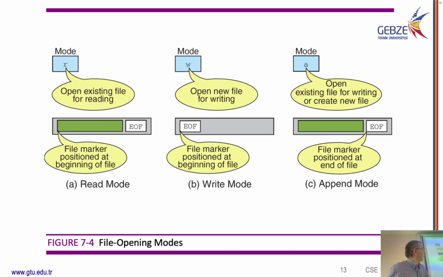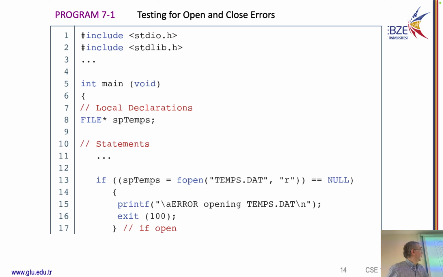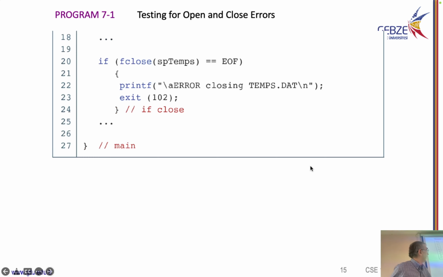Position and the end of file marker, read mode from the beginning, write mode, and append mode. This is how we do it. You already know because of the lab advantage that we have.